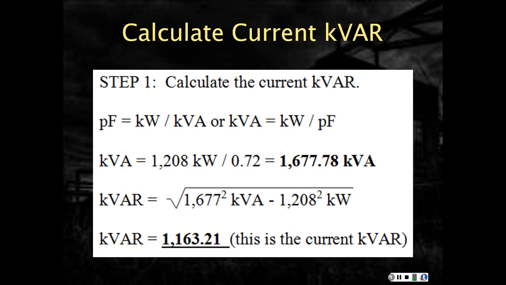Using the Pythagorean theorem again, we can solve for kVAR: the square root of kVA squared minus kW squared. When we solve for that, the current kVAR with the poor power factor is 1163.21. That's the current kVAR.